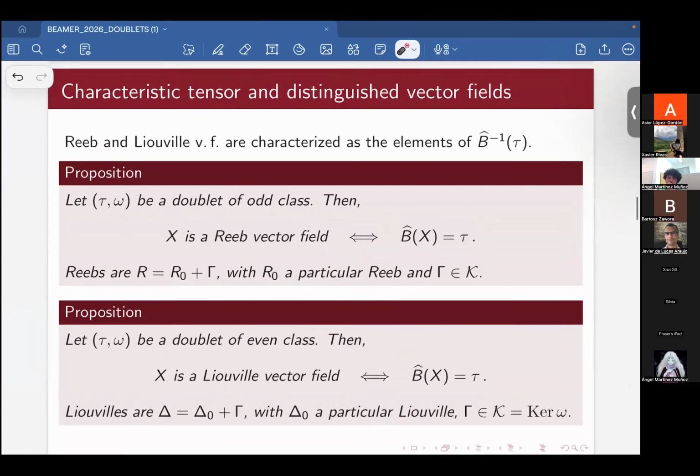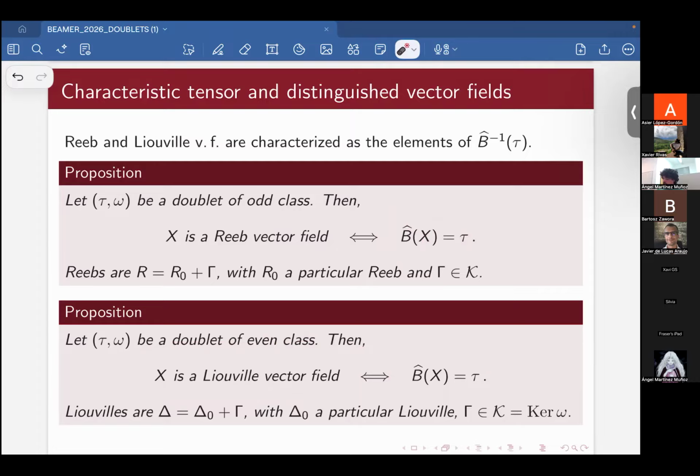Another nice thing about the characteristic tensor is that it's also related to these distinguished vector fields. You have these two propositions here, which tell you that if you have a doublet of odd class, then X is a Reeb vector field if and only if its image by B is tau. And also, if you have a doublet of even class, then X is a Liouville vector field if and only if its image by B is again tau.